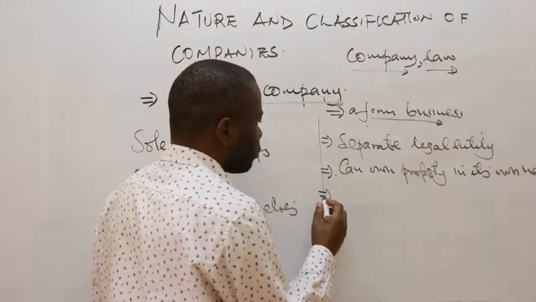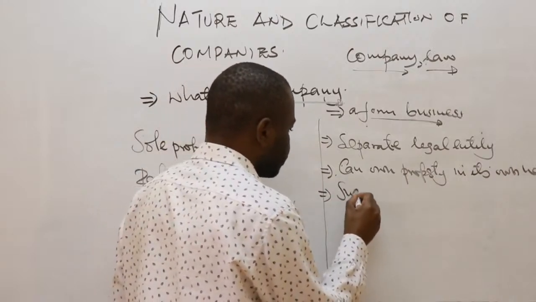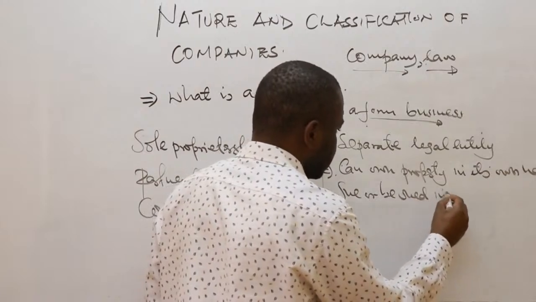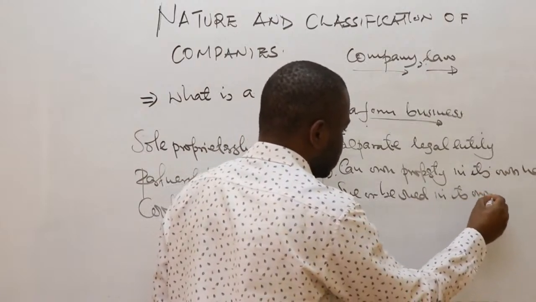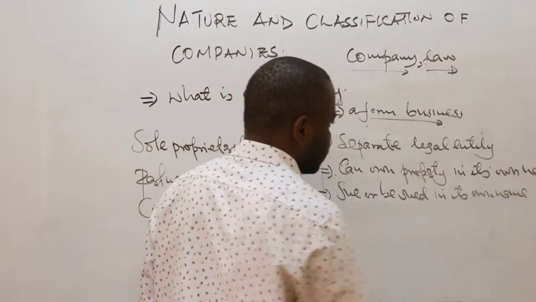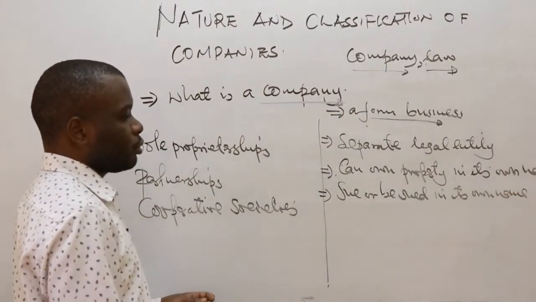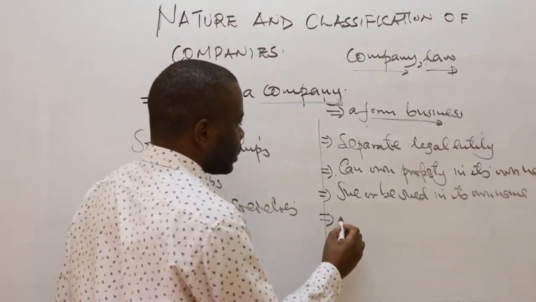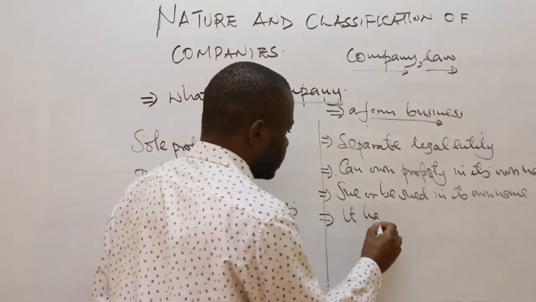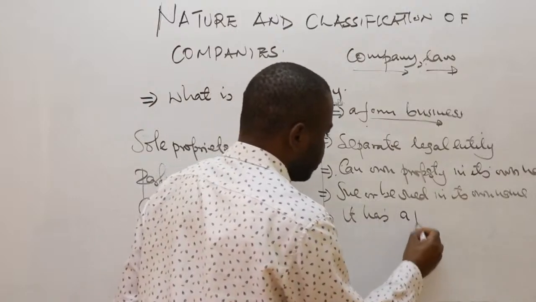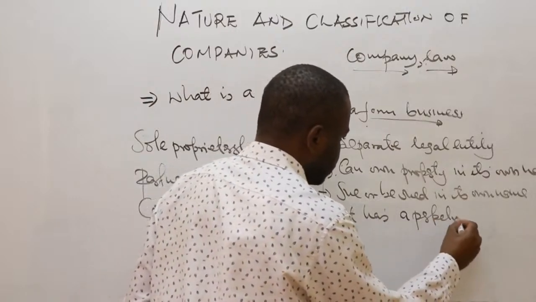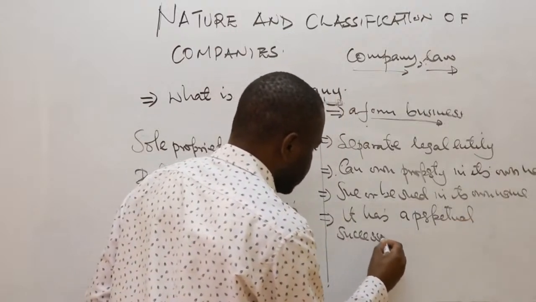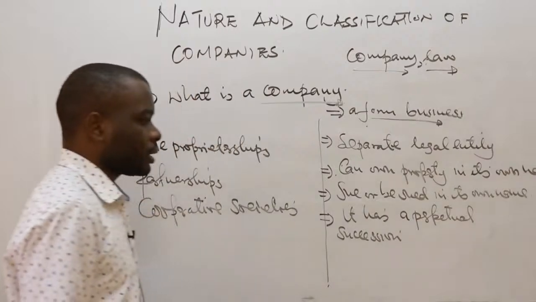Then it can sue or be sued in its own name. That is another characteristic we can talk about. Another is that it has perpetual succession. So there is perpetual succession in companies.